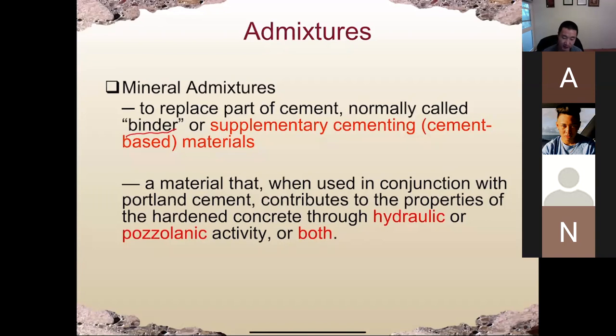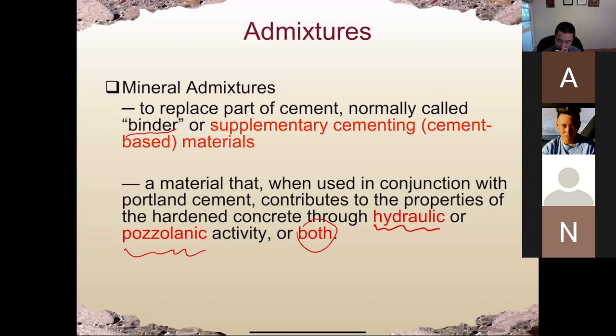Mineral admixtures are materials that, when used together with Portland cement, contribute to the properties of hardened concrete through hydraulic or pozzolanic activities, sometimes both. Hydraulic properties mean the material will react with water and form hydration products.